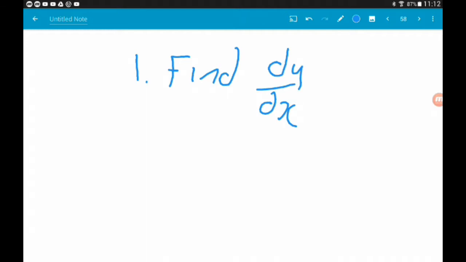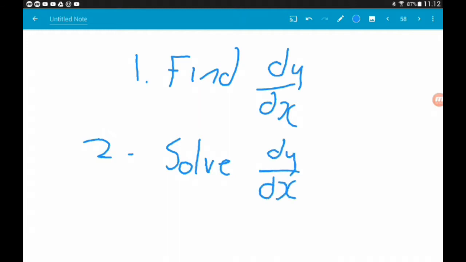Our second step then: we want to find the x-coordinates where the gradient is equal to 0. So we then solve dy by dx equal to 0.